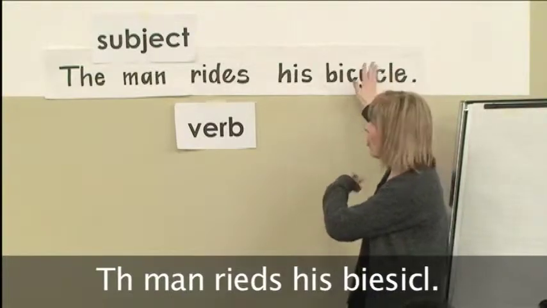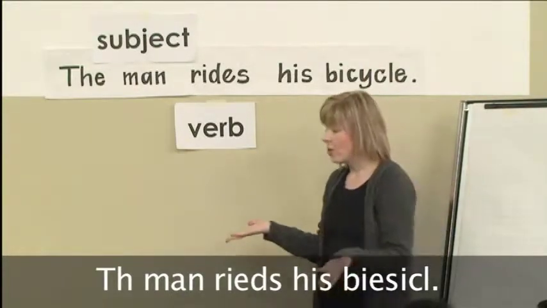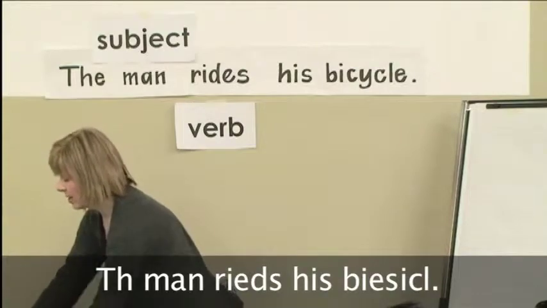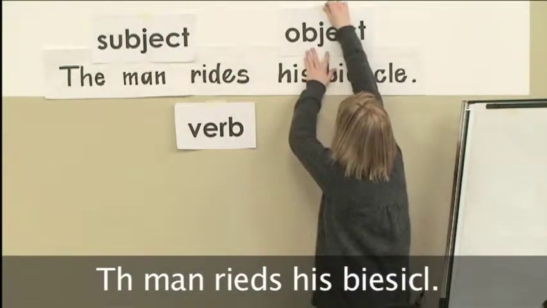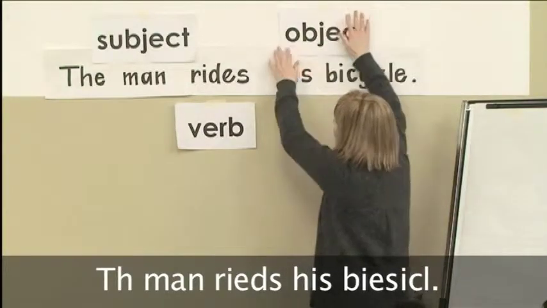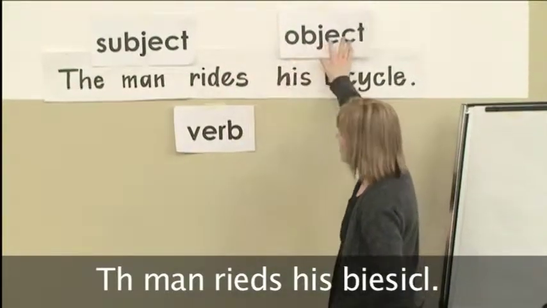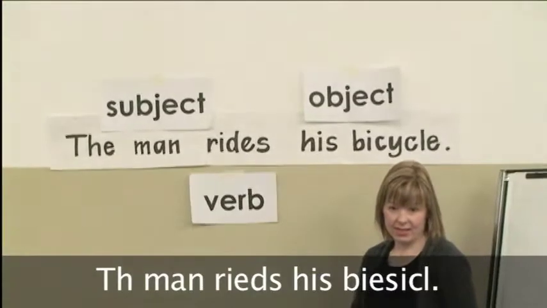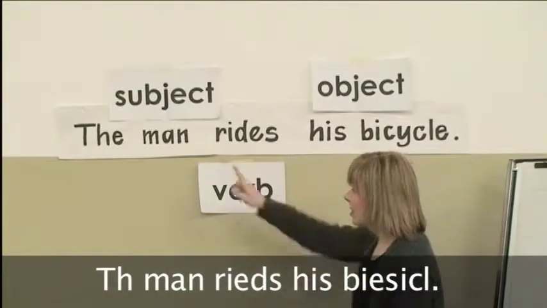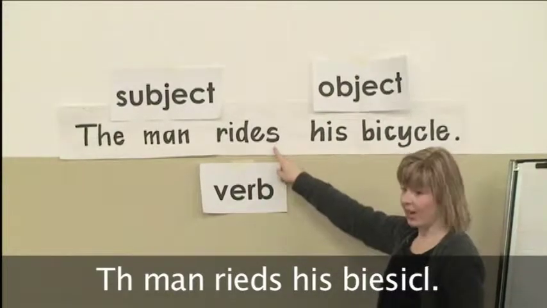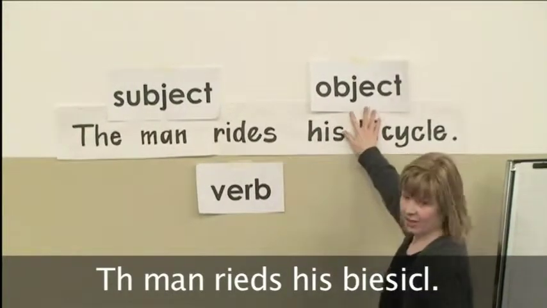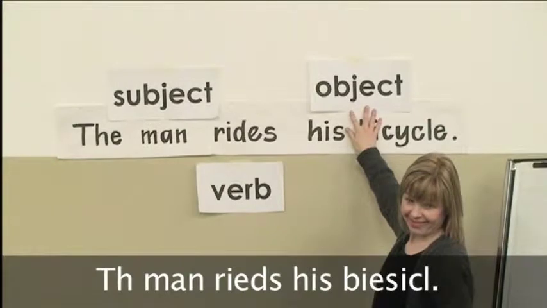We still need to know, what does the man ride? So that is called the object of the verb. The man rides his bicycle. So now we have all three things to make it a complete sentence. The subject is the man. The verb, he rides. His bicycle is the object.